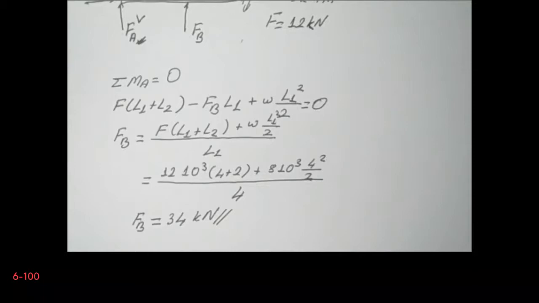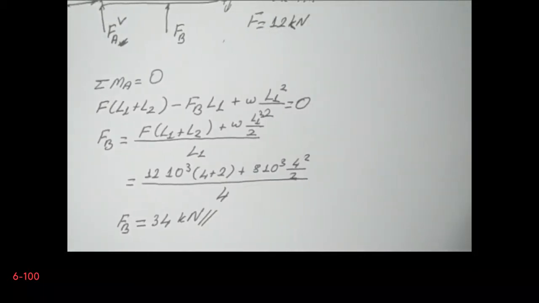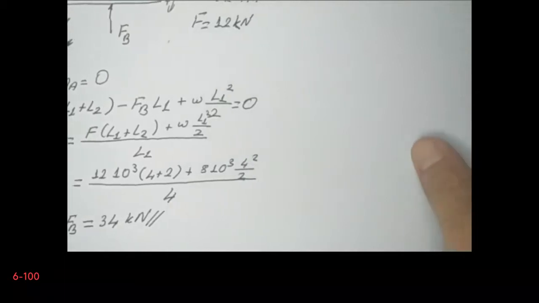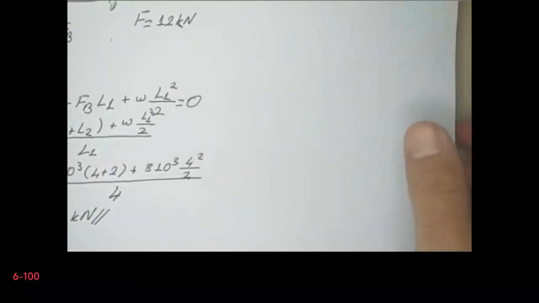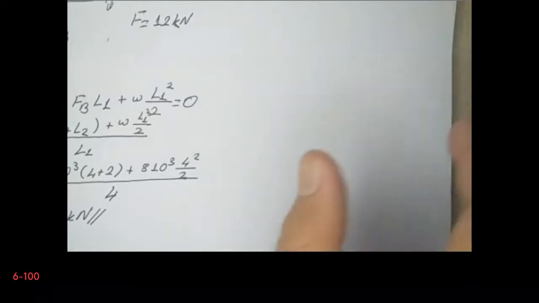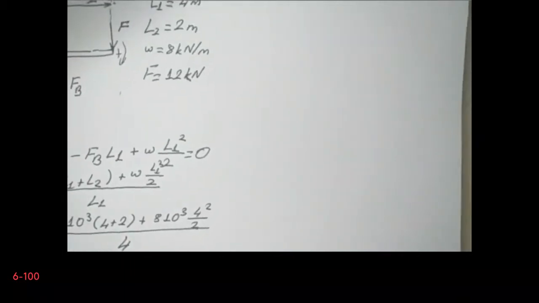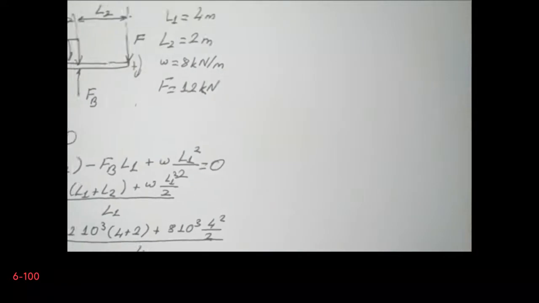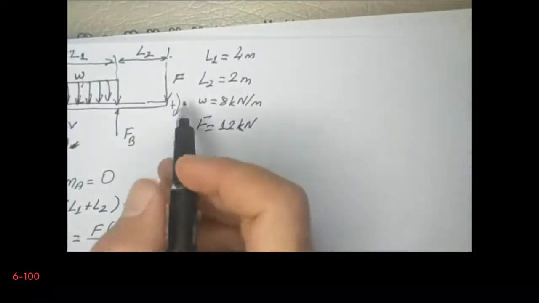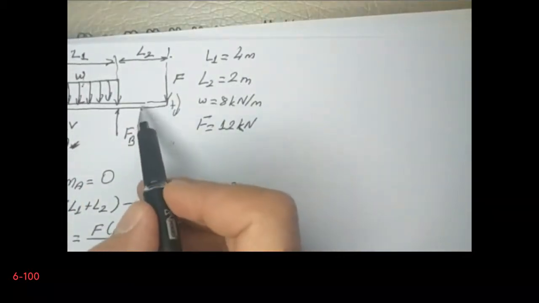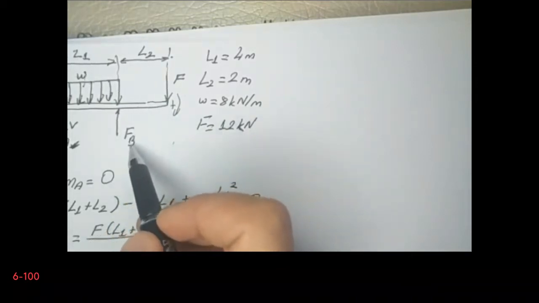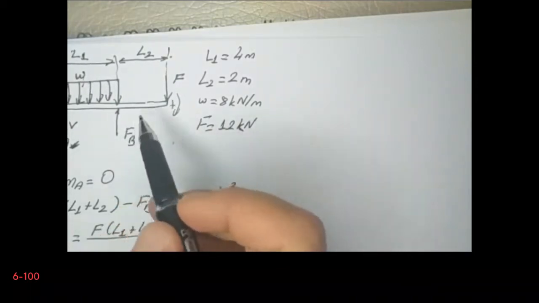Now I will make the cuts in order to determine the bending moments, so internal moments and forces. As I said, I will begin to cut the structure from the right hand side. So first I will make the cut between B and this free end, then I will make the second cut from here.